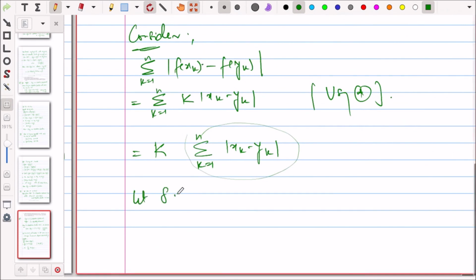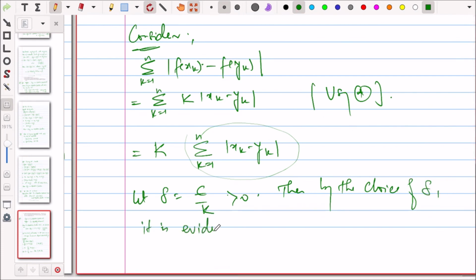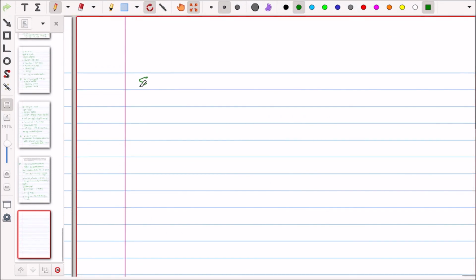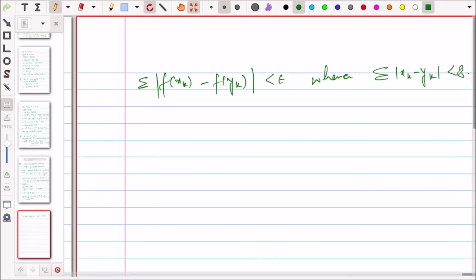So let delta equal to epsilon by k, which is greater than 0. Then by the choice of delta it is evident that the summation of |f(x_k) - f(y_k)| is less than epsilon whenever the summation of |x_k - y_k| is less than delta.